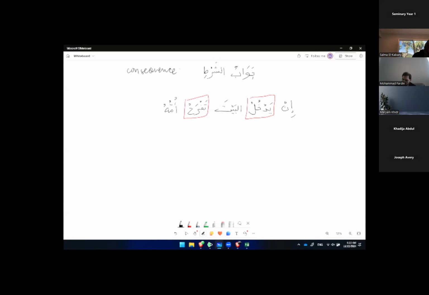Notice that the second majzum verb does not have any harf, it does not have anything attached to it. إن يدخل البيت تفرح أمه.